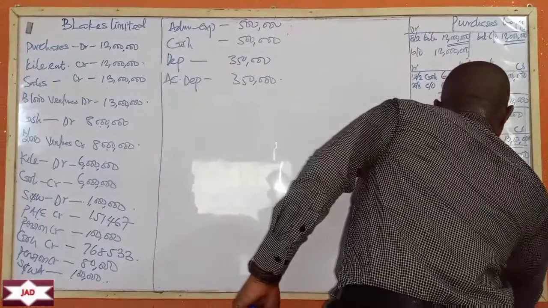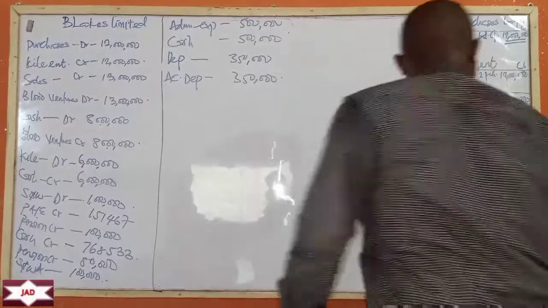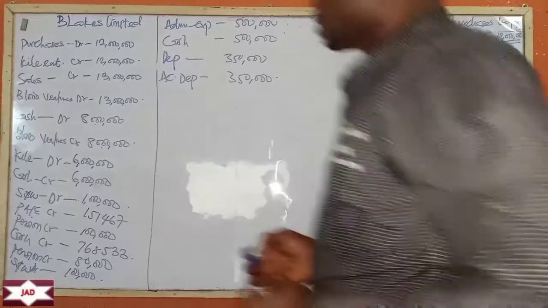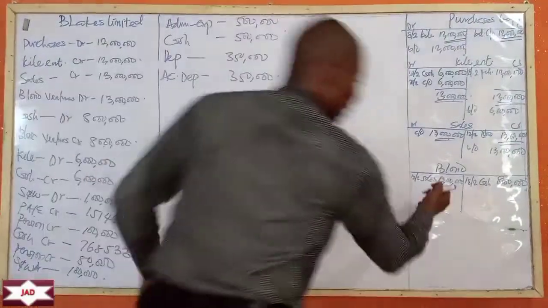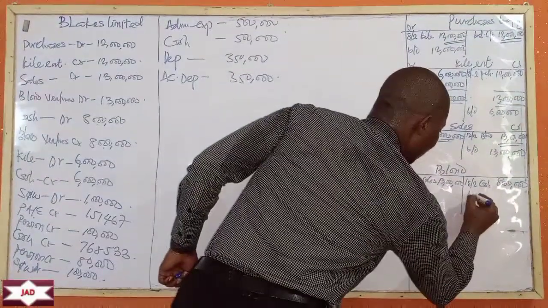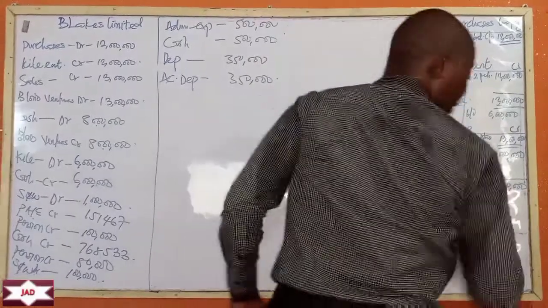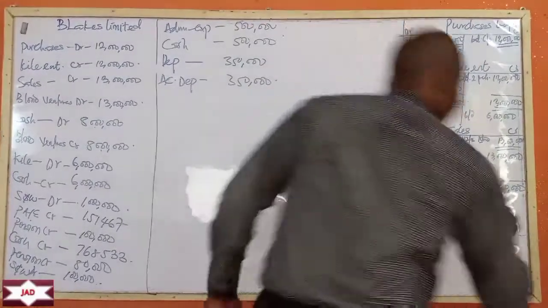That's 18th. We have 18th February, cash, 8 million. So let's balance up. 13 million minus 8 million. That's 5 million, right?